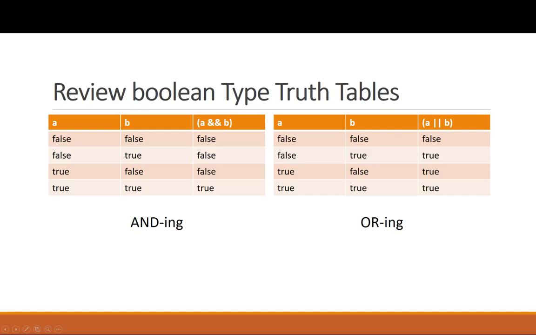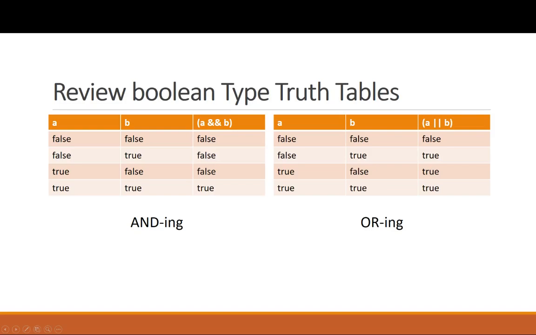If A is false and B is true, both have to be true, so this is still false. With A true and B false, again they both have to be true, so this is false. So the only way that AND can ring true is if both A and B are true.